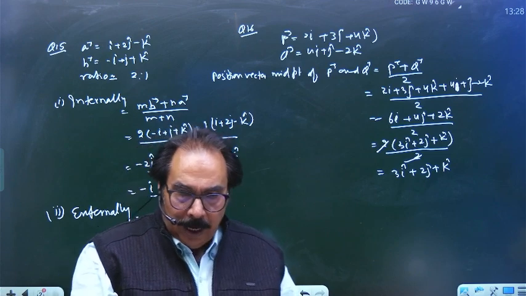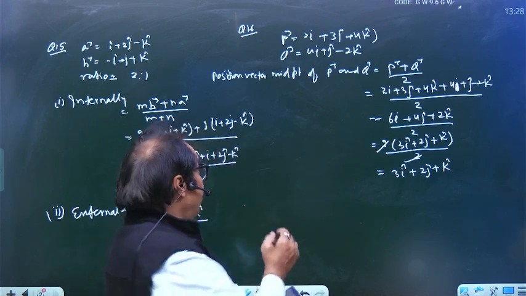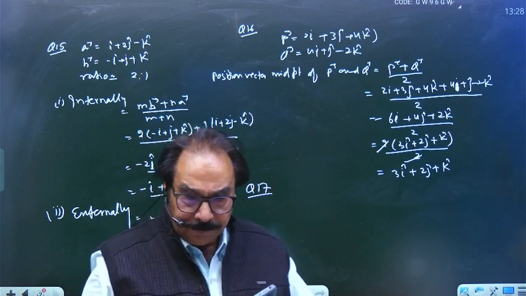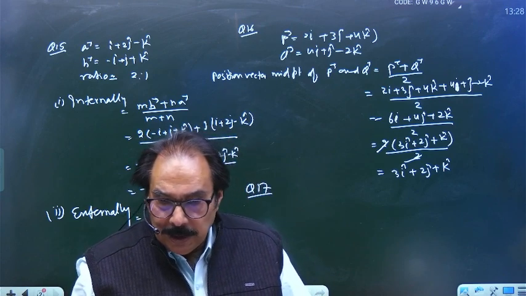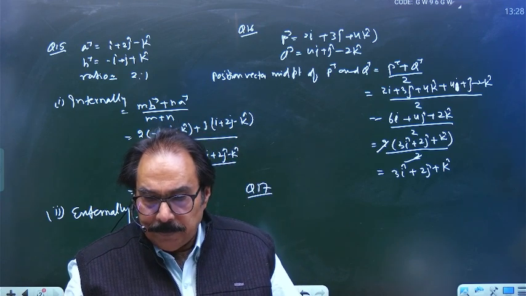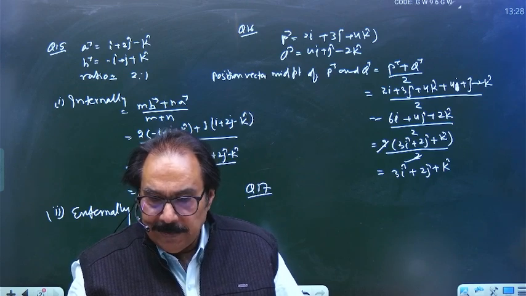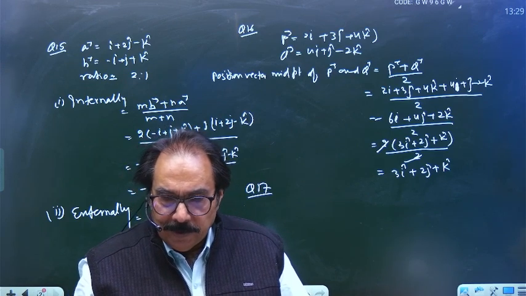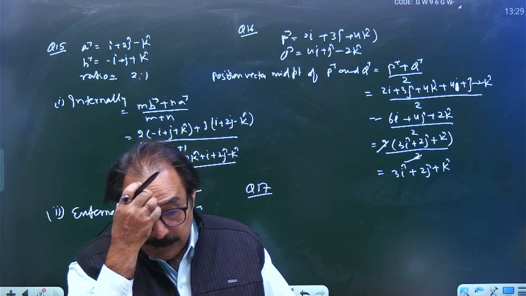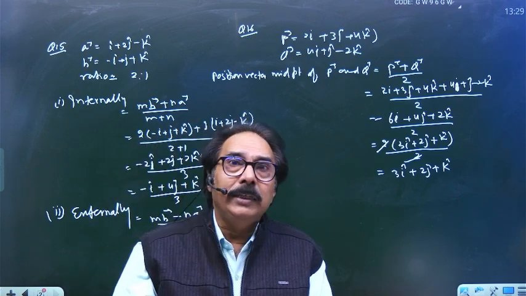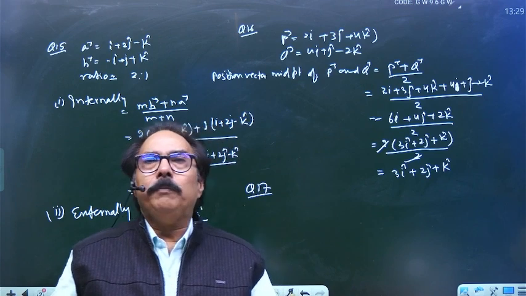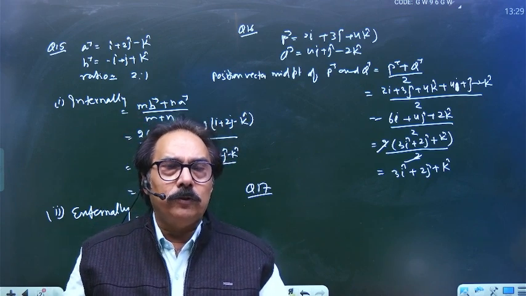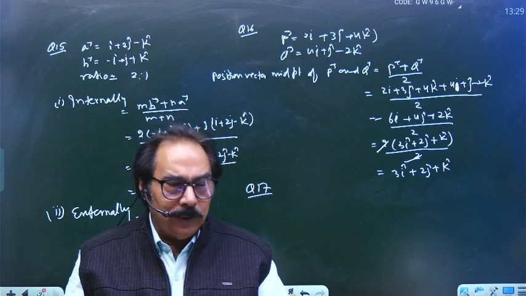Now question number 17. The 17th question is: show that the points A, B, C with position vectors A, B and C respectively form the vertices of a right angle triangle. Vertices of a right angle triangle means, by applying the Pythagoras theorem, the square of any one side should be equal to the sum of the squares of the other two sides.